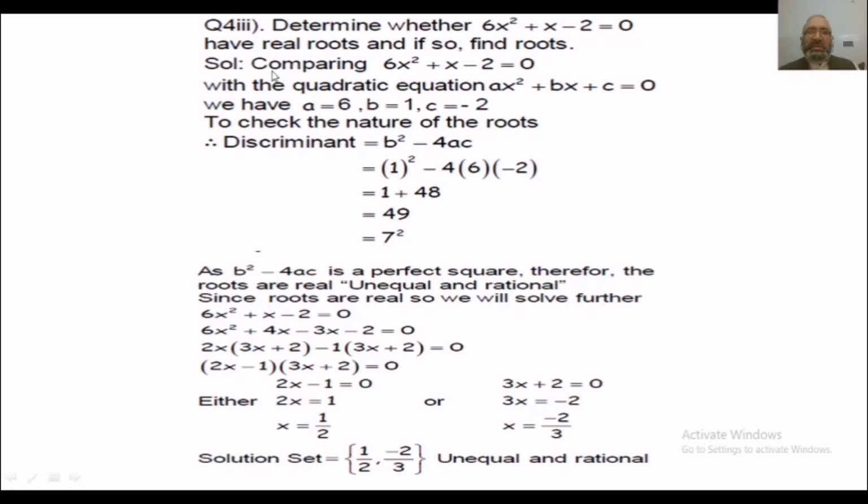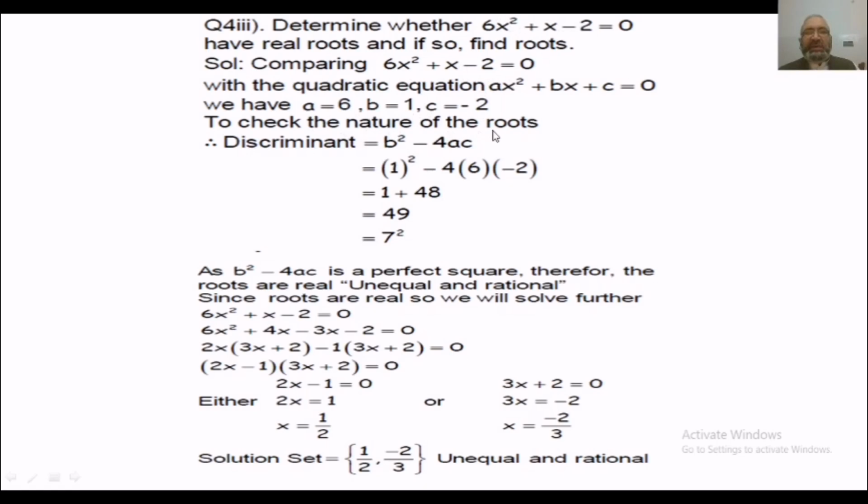So by comparing this given quadratic equation 6x square plus x minus 2 equal to 0 with the standard form of a quadratic equation, we have a is equal to 6, b is 1, and c is minus 2. That is the coefficients of x square, x, and the constant term.